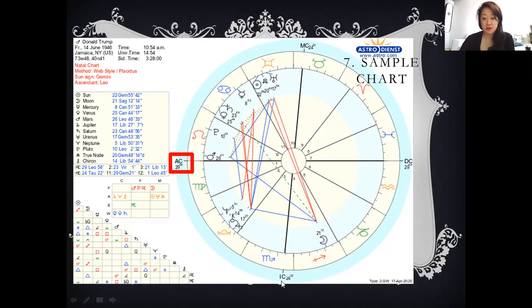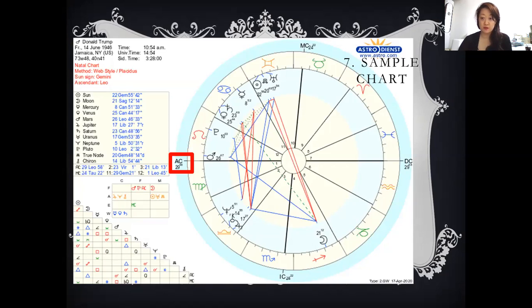His IC and MC are at 24 degrees. So this would be the Pisces degree. That means his home life, right? Pisces degree has a lot to do with something that you're very familiar with, that you're comfortable with, your private life.